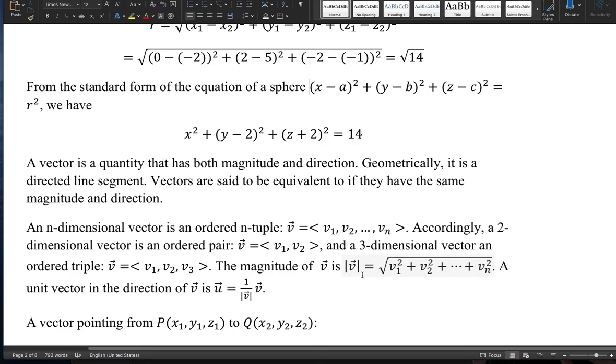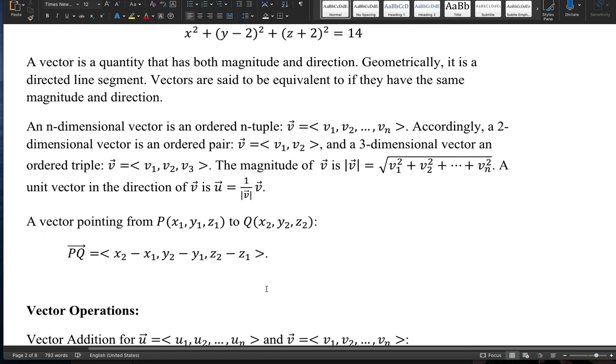That's the magnitude. And if you need a unit vector to give a direction, the unit vector can always be found by multiplying the reciprocal of the norm of the vector by the vector itself.